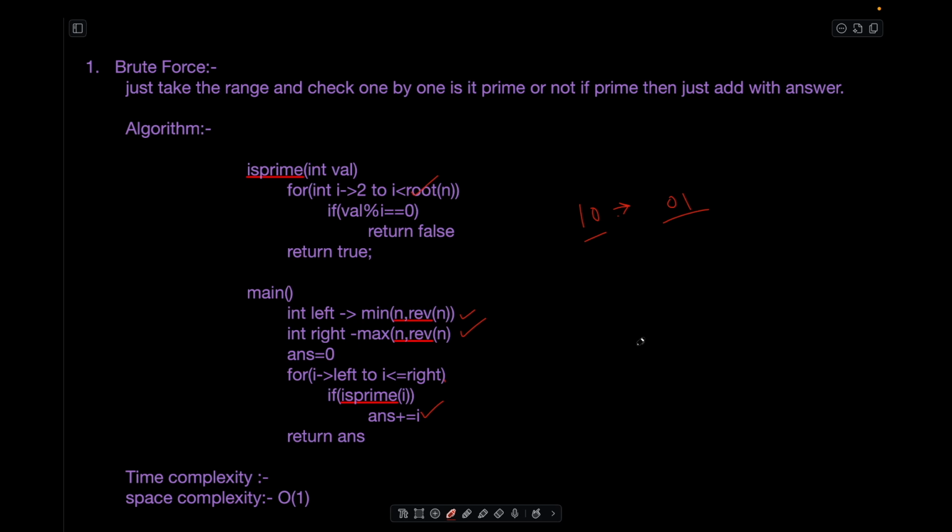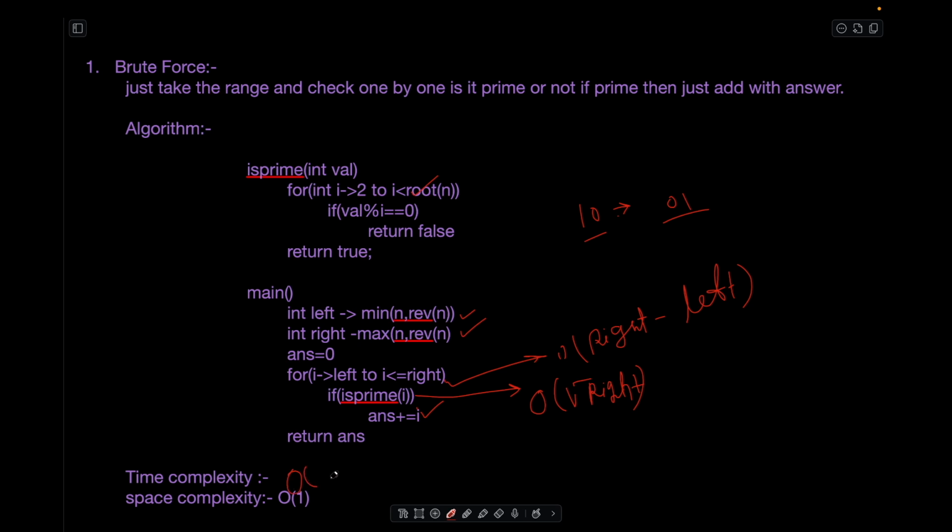Now what is the time complexity for this one? It is order of right minus left, and for the prime-check function, it will go up to root of right. So what will be the total complexity?